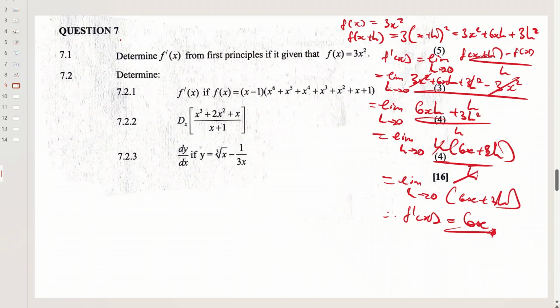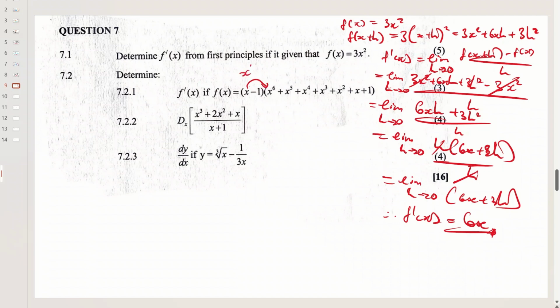So now, next question. This one I'm going to explain for you guys. You have to know what's really happening here. They say determine the derivative if you're given that. Let me show you what's really happening. Distribute the x first.